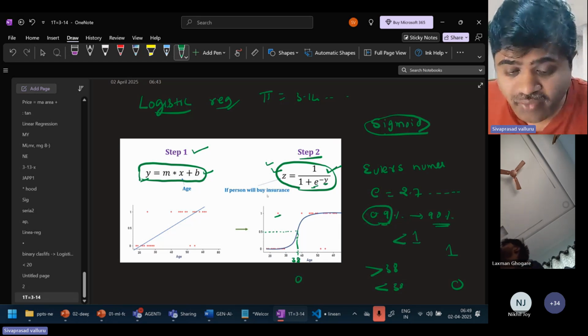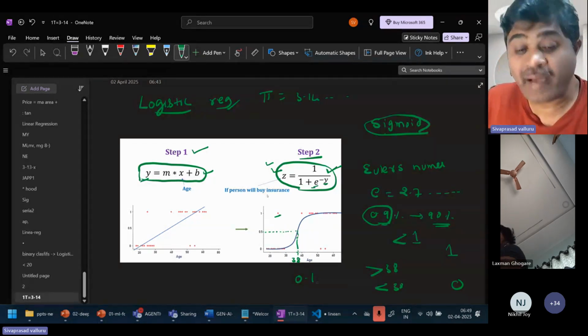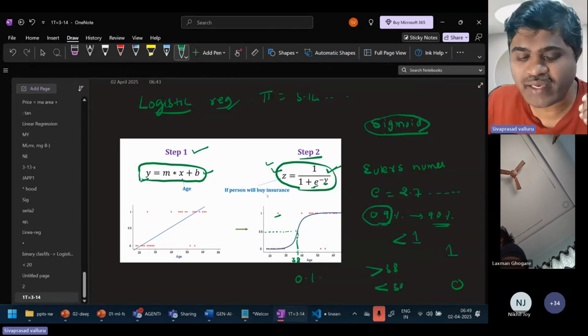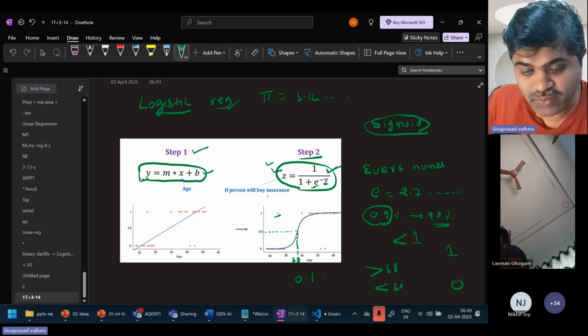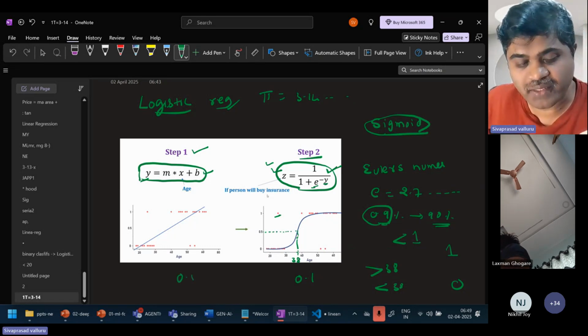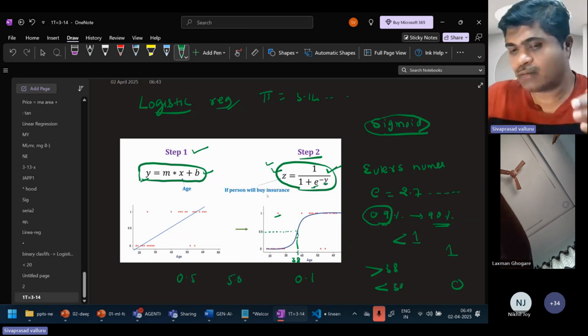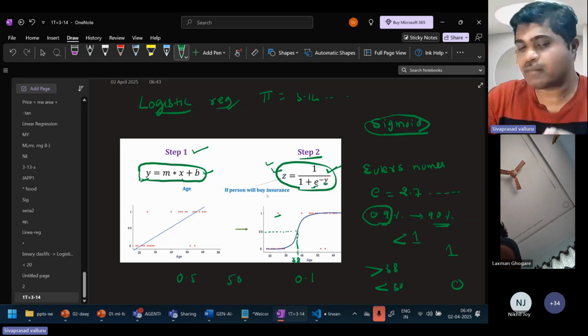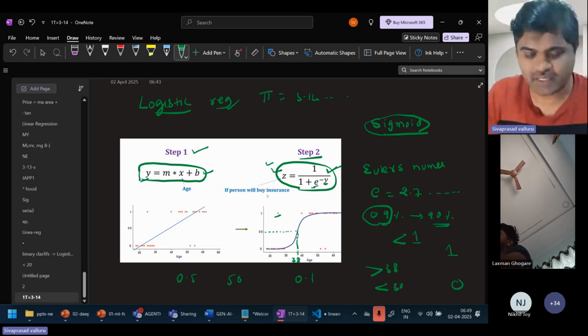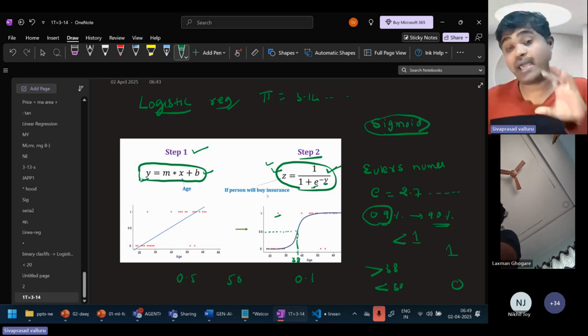If the value is 0.1, there is 10% confidence that he will buy an insurance. Mostly 10% means we can ignore it. He will not buy an insurance. So mostly we'll come to a point like 0.5, which means 50%. If the value is greater than 50%, the probability of this person buying an insurance is greater than 50%, so we'll consider that he may buy an insurance.